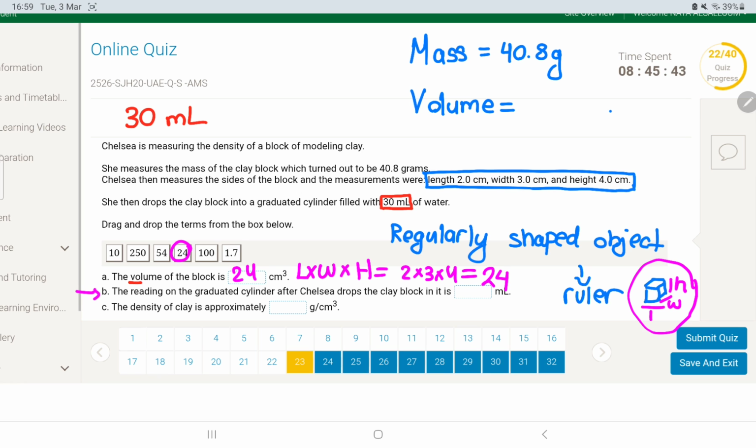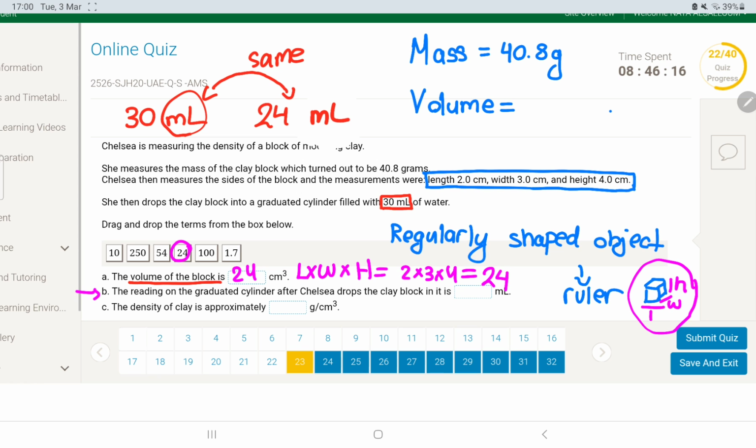And we found out the volume of the block to be 24 centimeters cubed. Now guys, centimeters cubed is the same thing as milliliters. So here it's the same. But just not to confuse you guys, I'm just going to replace the centimeters cubed with milliliters. Why? Because they're the same as each other. So here, we're going to rewrite centimeters cubed as milliliters.